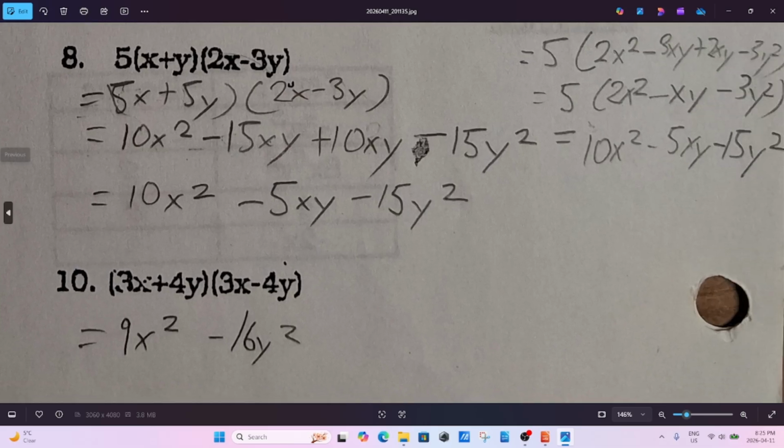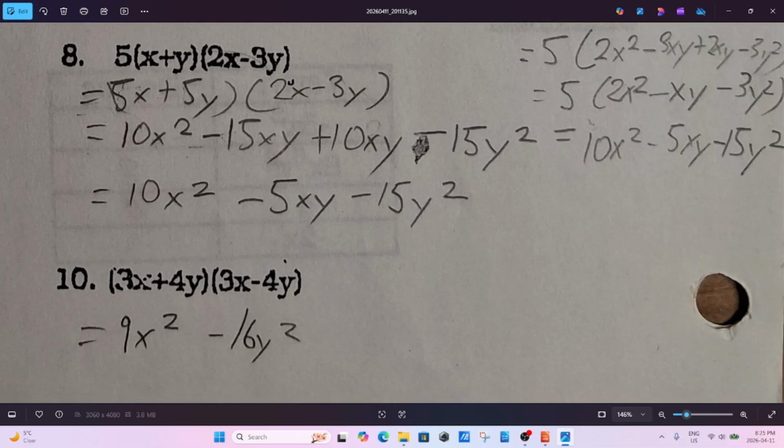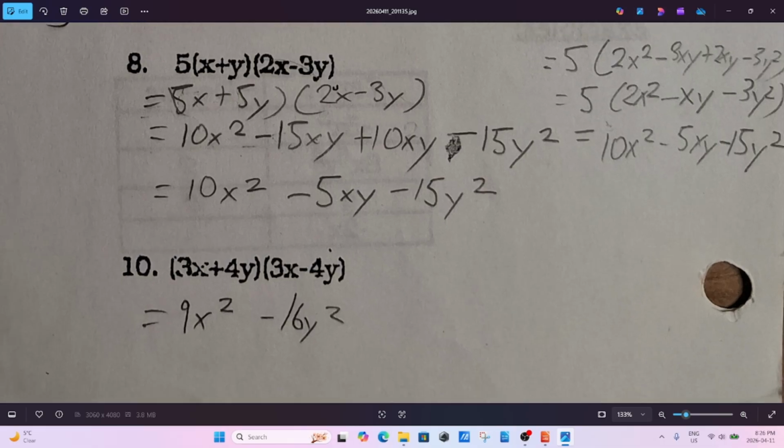Question 8. We have 5 times x plus y times 2x minus 3y. So we can do the 5 times x, 5 times y gets you 5x plus 5y. And then we do 10x squared, which is the 5x times the 2x.